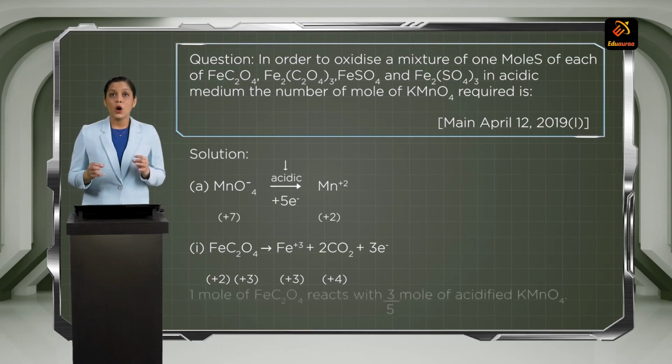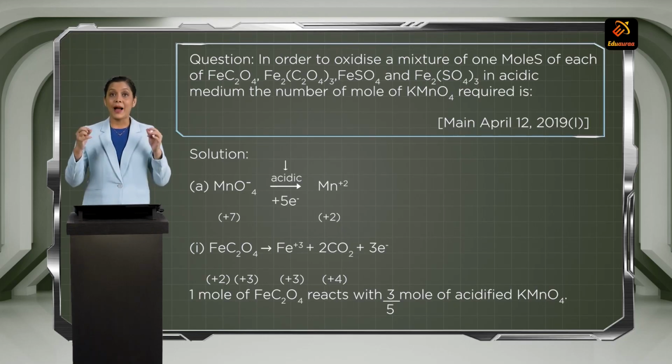As a result, one molecule of ferrous oxalate loses 3 electrons. But students, for permanganate to get reduced, we need 5 electrons. So, calculating, we come to a conclusion that 1 mole of ferrous oxalate reacts with 3/5 moles of acidified KMnO4.